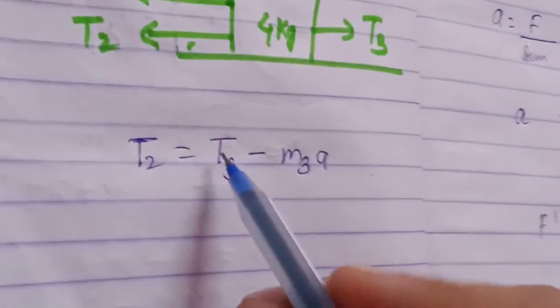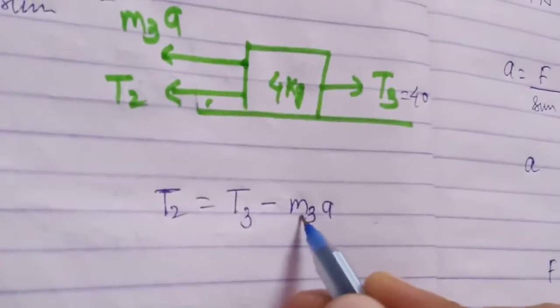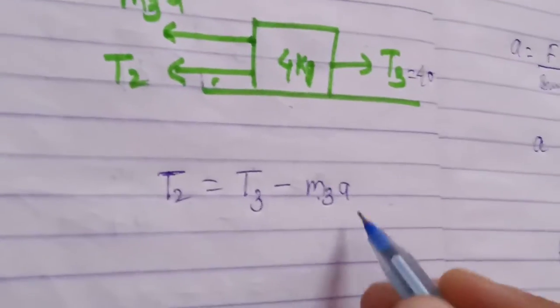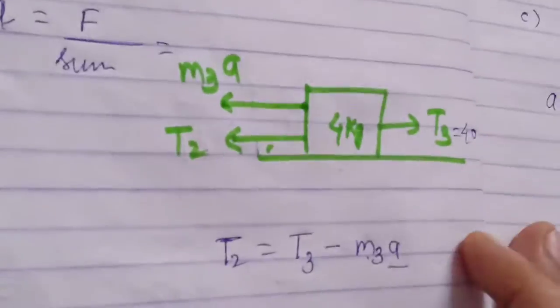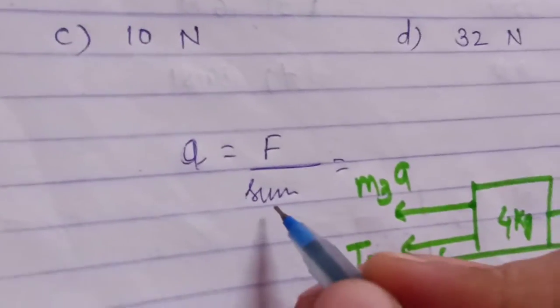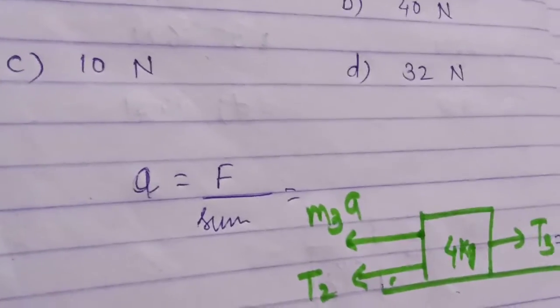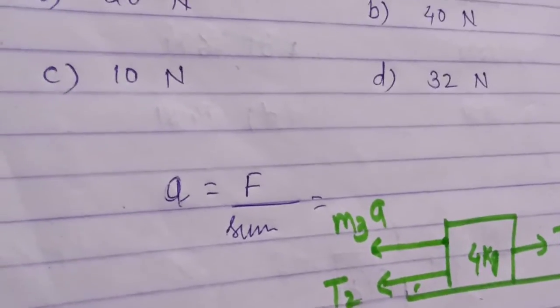Because we know the value of T3, that is 40 Newton, and the value of M3, 4 kg, but we don't know the value of A. So first we find the acceleration. A is equal to F upon the sum of all masses. I already told this trick of how to find acceleration.